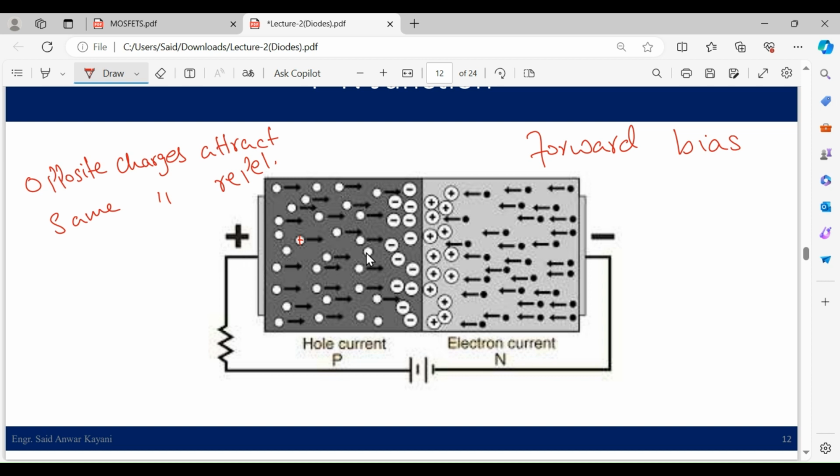So it will repel these holes toward the junction, and when we have voltages greater than 0.7 volts, these holes will jump from this side to this side, and these electrons will attract these positive charges. Now we have positive charges here, so they will attract toward the negative charge, and in this way our cycle will complete.